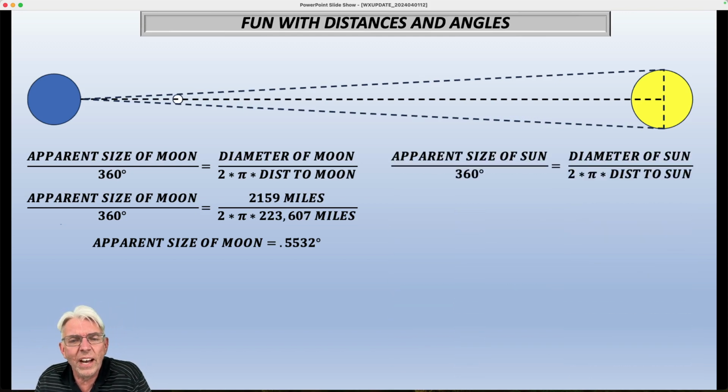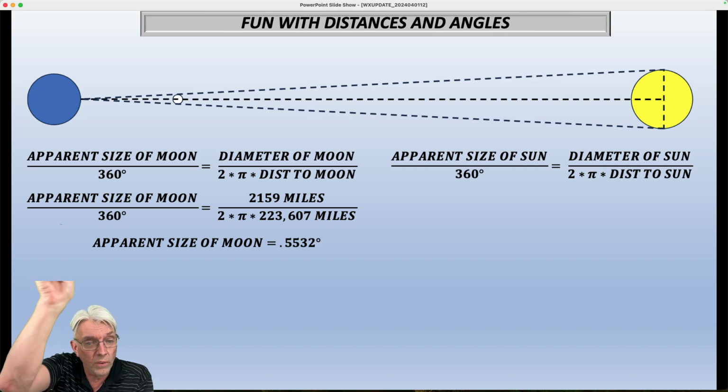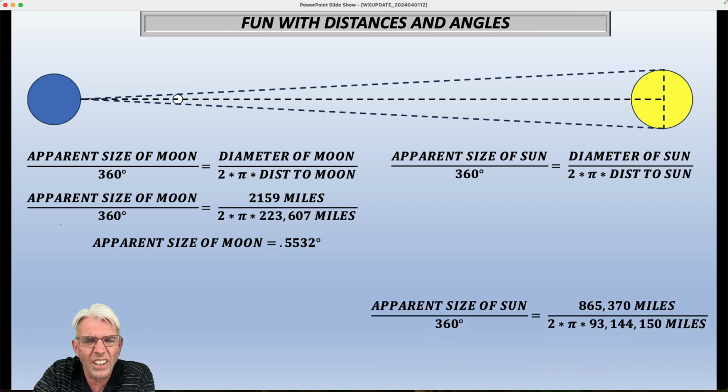Okay, the apparent size of the sun compared to 360 degrees is equal to the ratio of the diameter of the sun to 2 pi times the distance of the sun, or the circumference of the circle that goes all the way around the Earth and goes through the middle of the sun.